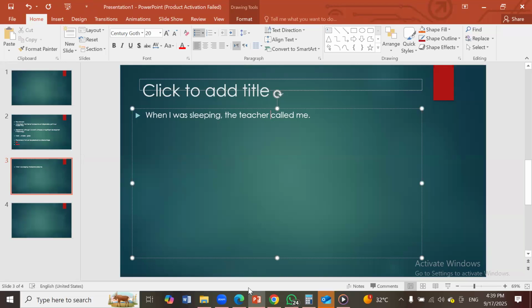So when and while, when they are followed by -ing, the second part of the sentence should be past simple. Okay, while and when. For example, my uncle visited us while I was in school.